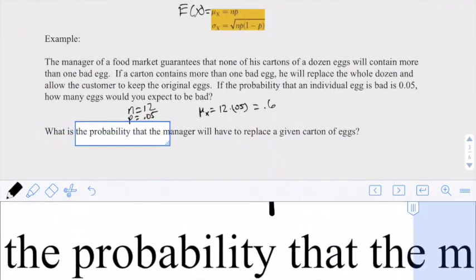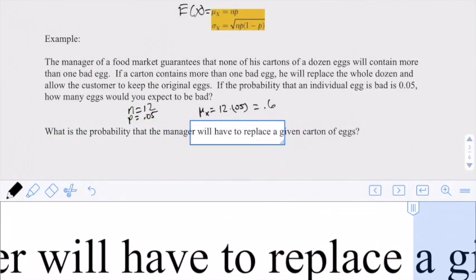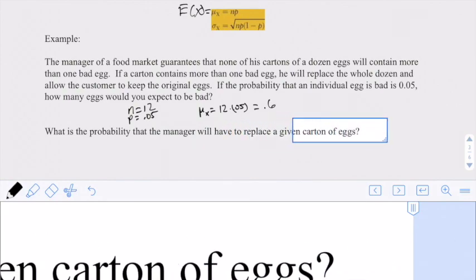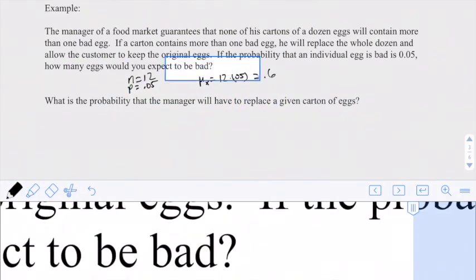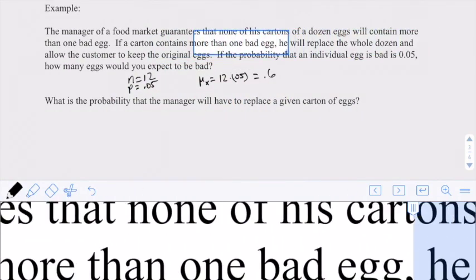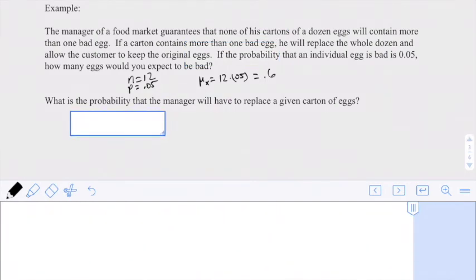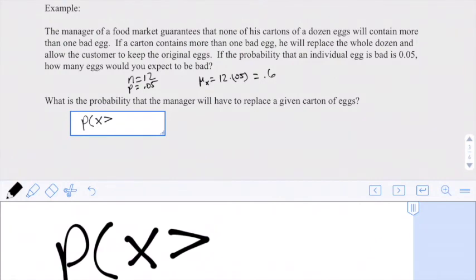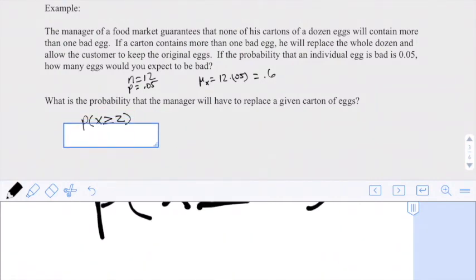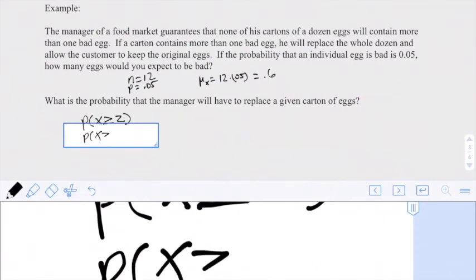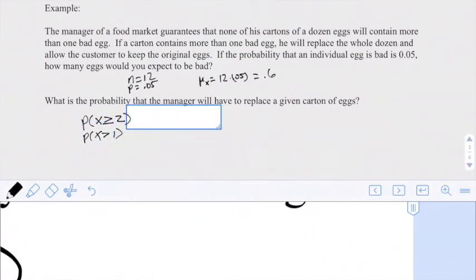What's the probability that the manager will have to replace a given carton of eggs? So if there's more than one bad egg, he will replace the whole carton. So we want to know the probability that x is greater than or equal to 2. Remember, this is the same thing as saying x is greater than 1. So we need to use the binomial CDF.